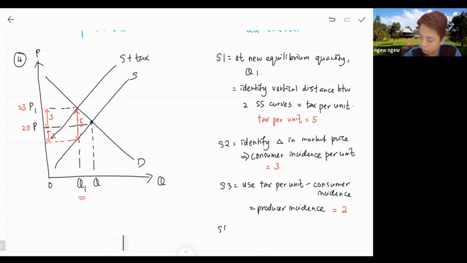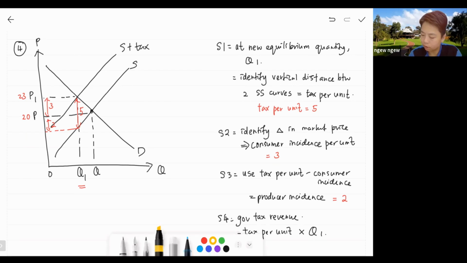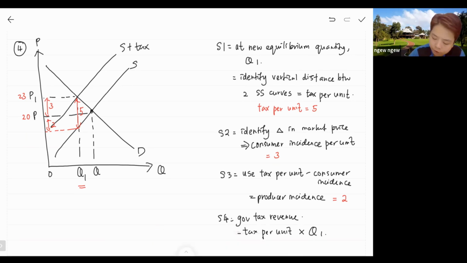Lastly, we need to calculate government tax revenue. We use the tax per unit multiplied by the new Q. In other words, for this whole area, on every unit the government is taking $5. When tax is imposed, consumers consume until this Q, then the whole shaded area is government tax revenue.